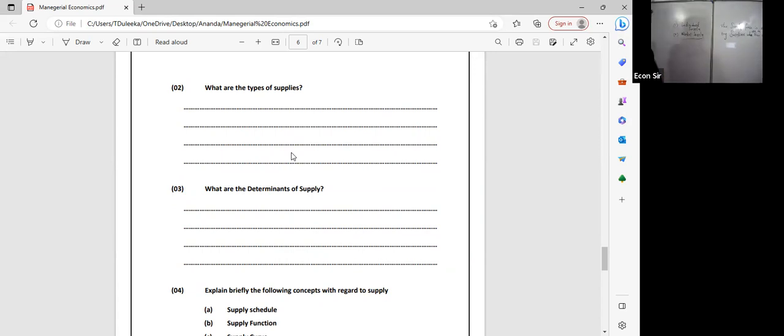The first one is the price of the considered commodity. සලකා බලන භාණ්ඩයේ මිල.